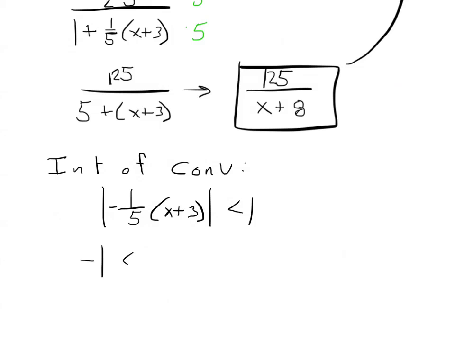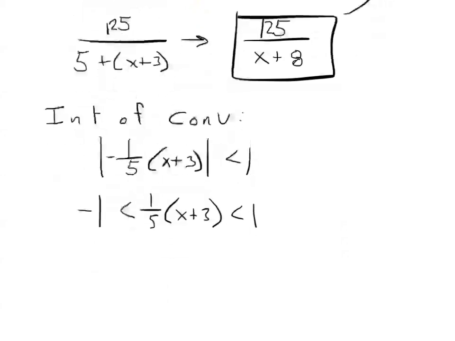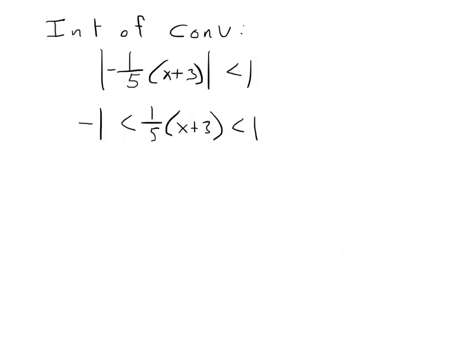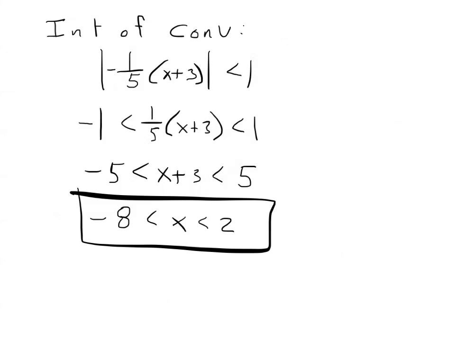I'll get negative 1 is less than 1/5 (x+3) is less than 1. Multiply the 5 over, get negative 5 is less than x plus 3 is less than 5. And when you subtract 3, negative 8 is less than x is less than 2. This is the interval of convergence, and we had the series up above.